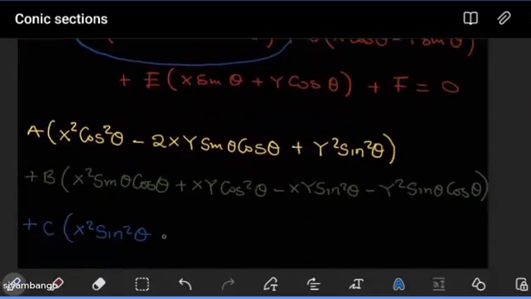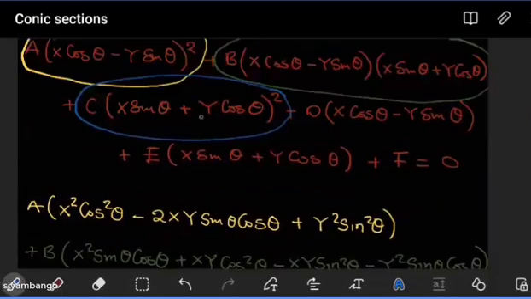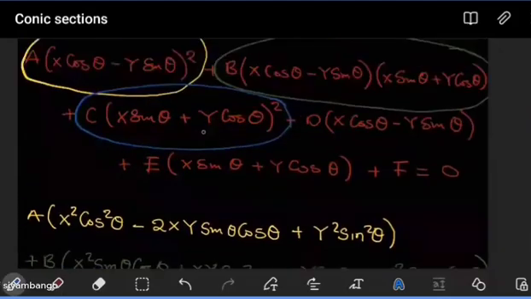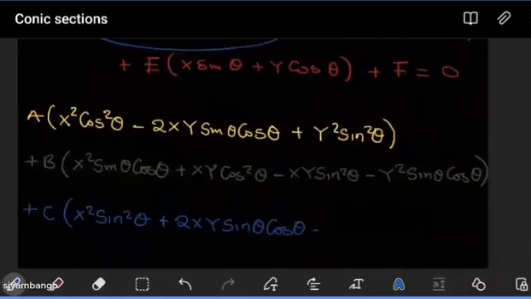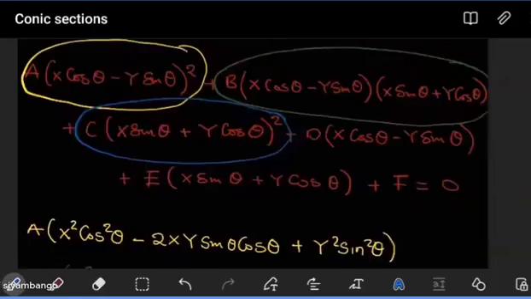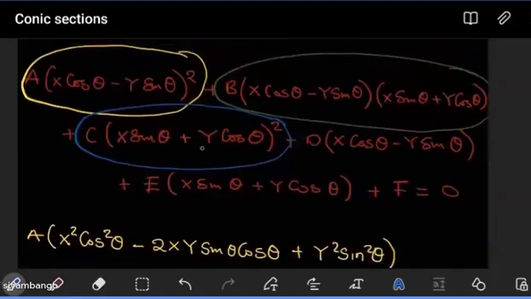So it will be done twice. So it will be 2xy, and then it will be sine and cos. And finally, it will be this last term there squared. So it will be y squared, and then that is cos squared. Okay, that sorts out the term with a C.